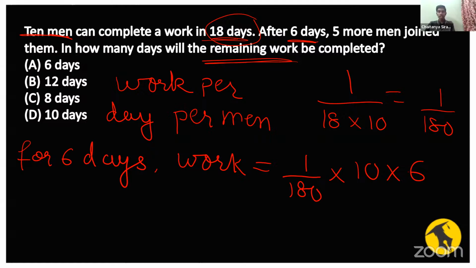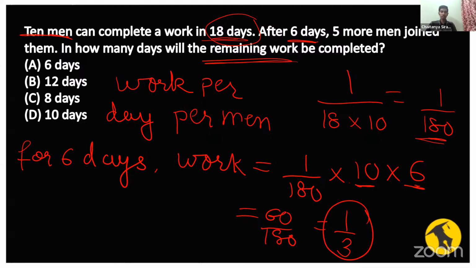See, each man in one day can do 1/180th of the work. I have 10 such men for 6 days. So work done will be 60 upon 180, which is one third. So in 6 days, already one third of the job is done.